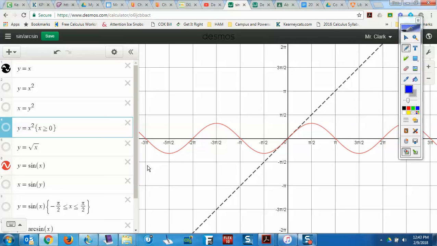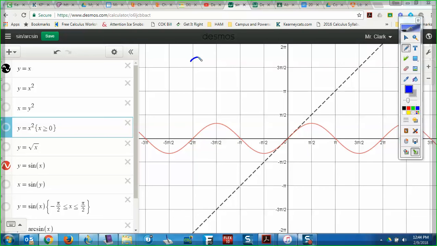Now which quadrants is that in the unit circle? Negative pi halves to pi halves. 4. Oh, I see what you're doing. Yeah. Here's negative pi halves right here.